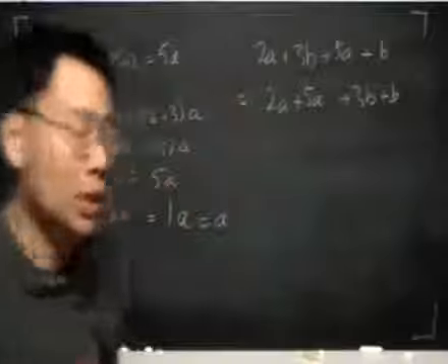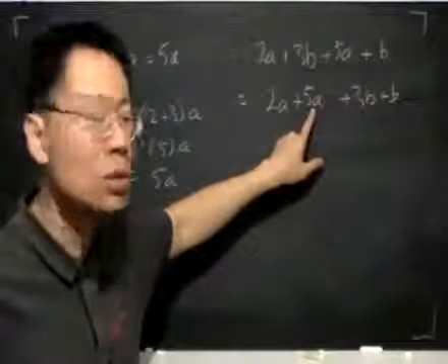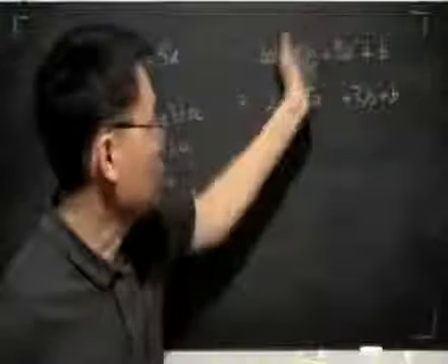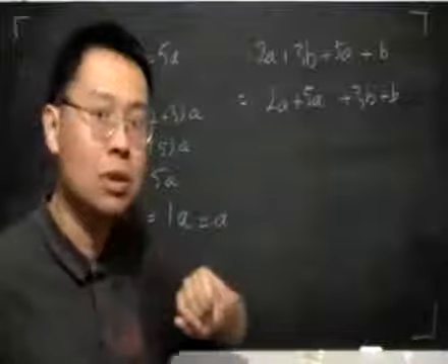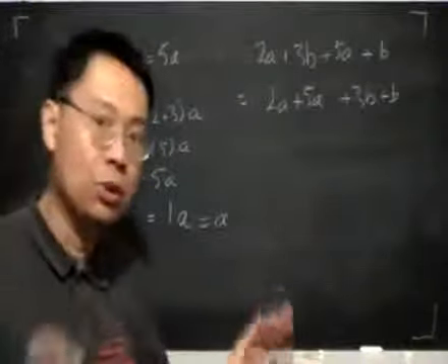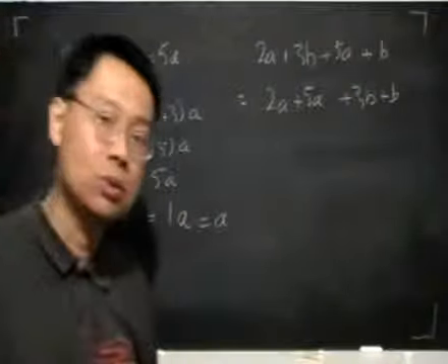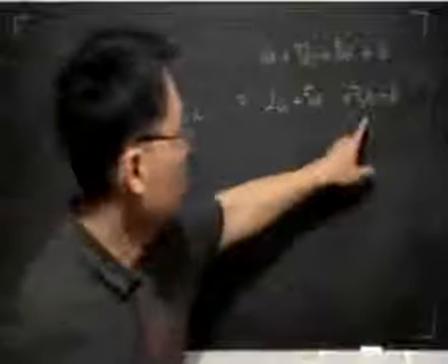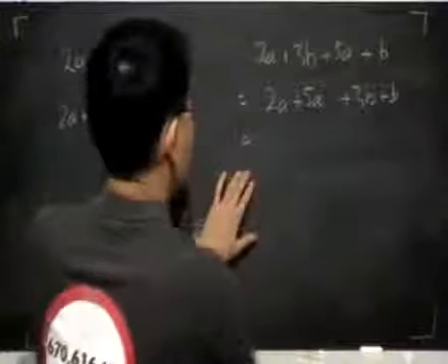What I've done is put the like terms next to each other. I can rearrange them like that because we have additions, and if I rearrange the places, the addition will give the same answer.